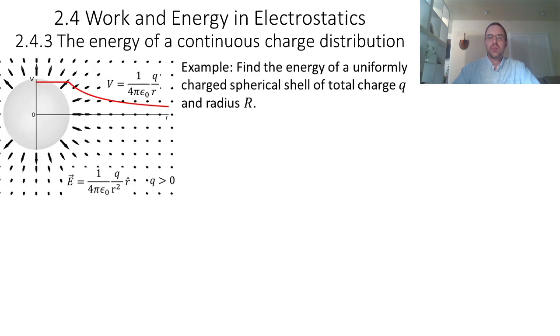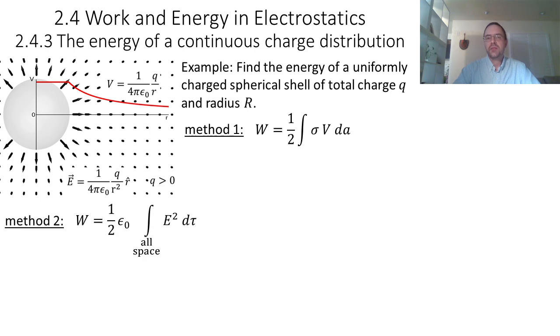So let's do an example. Find the energy of a uniformly charged spherical shell of total charge Q and radius r. As we just saw, we have two ways to do that. First method, we can use the integral over the charge distribution. Here we have the surface of the shell, so W is 1/2 integral of sigma V dA. And the second method is to integrate the electric field.